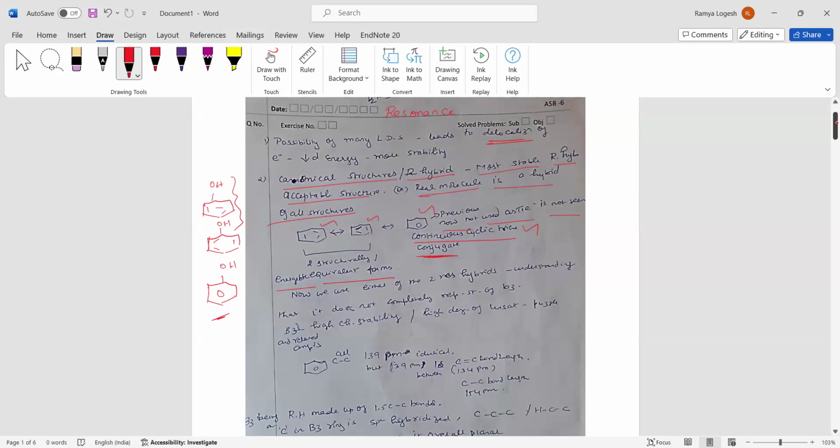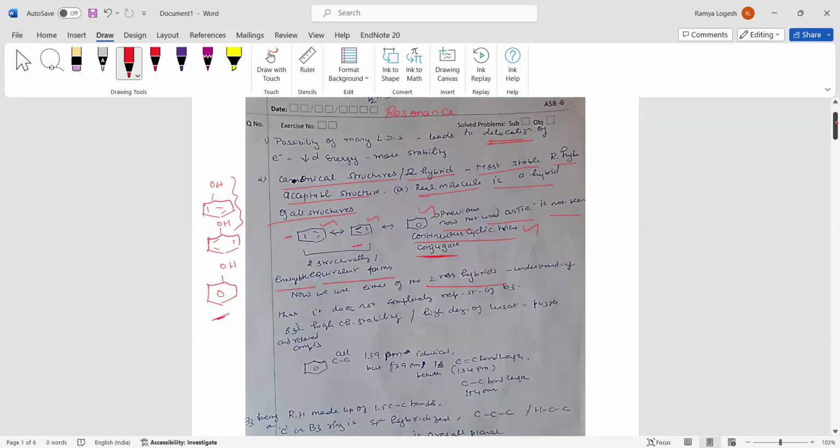Now in chemistry, we generally don't keep drawing all the structures. So what do we do? We use either of these resonance structures. Either this or this. I could even draw this. Both are the same. Understanding that one of these structures is not going to completely define benzene.